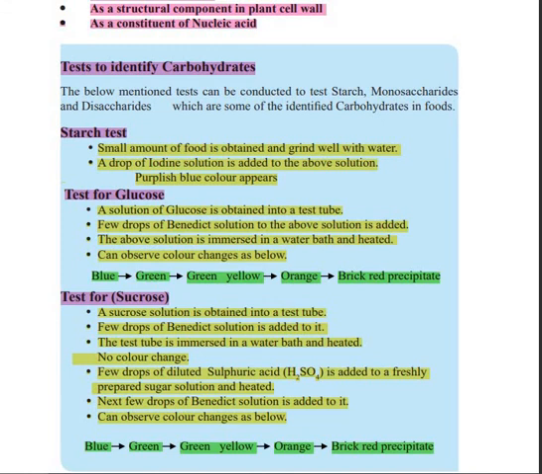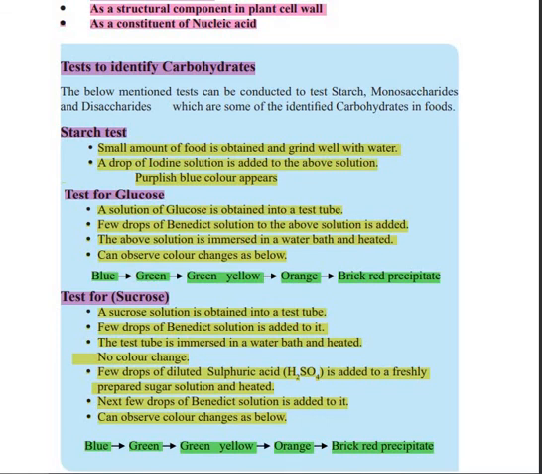Now we can see the test for sucrose. First, a sucrose solution is obtained in a test tube. Then a few drops of Benedict solution are added to it. The test tube is immersed in a water bath and heated, but there won't be any color change. After that, a few drops of diluted sulfuric acid are added to a freshly prepared sugar solution and heated.